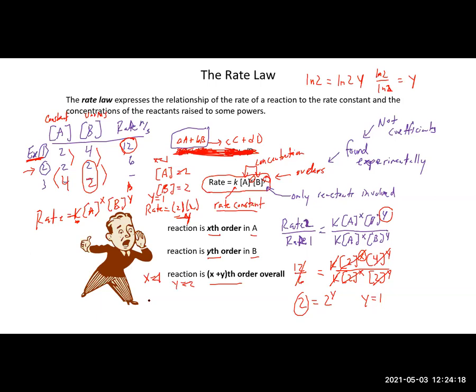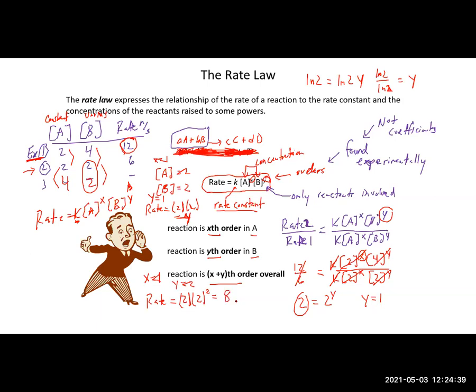Plugging it into our equation there, we would get basically 2 times 2, and then we would square it because the order on that guy would be squared. That's going to give us basically 4 times 2, which is the rate of 8 in this particular case.